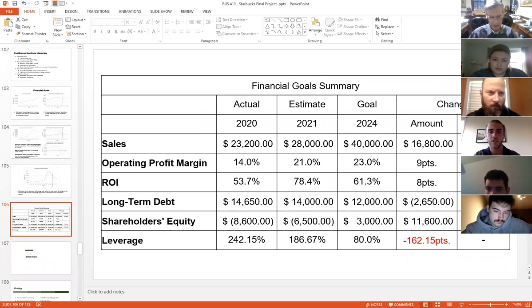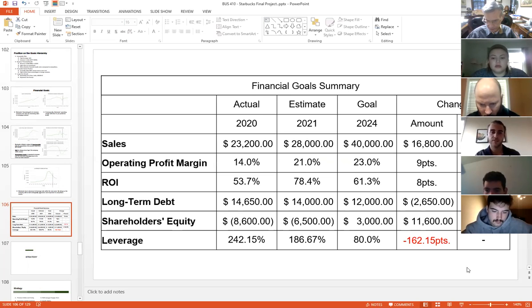And here's just the summary. So the goal for Starbucks sales is to increase by 72% for 2024. I fixed this 135% for you. You had it in red. And these are positive numbers, right? I go from a negative to a positive.